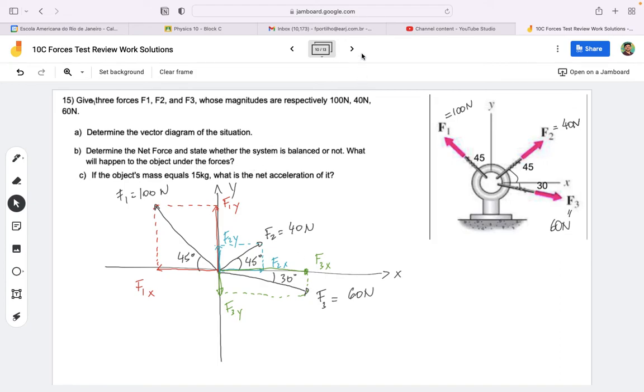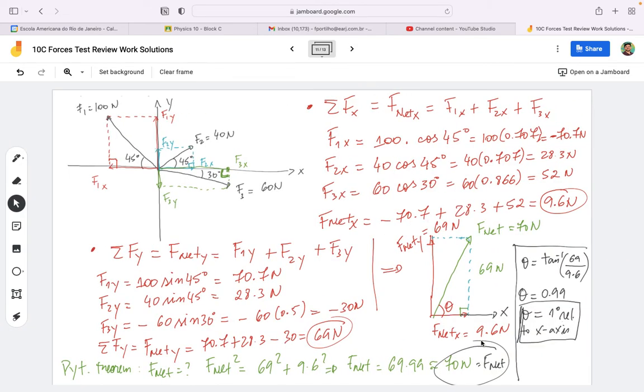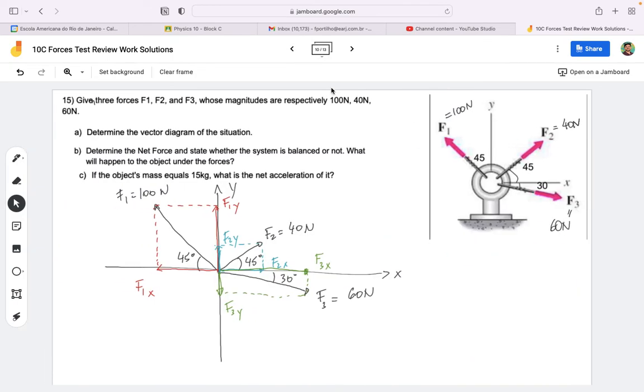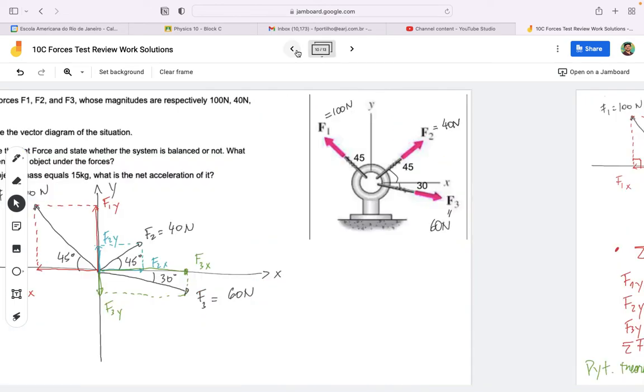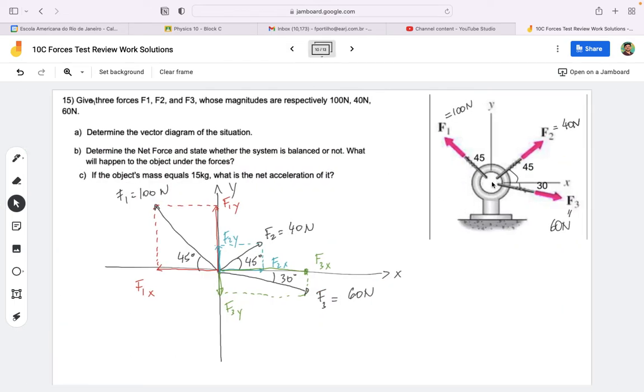And the system is clearly unbalanced since the net force is different from 0, which is 70. And the object is pointing to 1 degree relative to the x-axis. So the combination of the forces given are pointing to 1 degree relative to the x-axis at 70 newtons, and this is what occurs to the object, in this case this ring here.